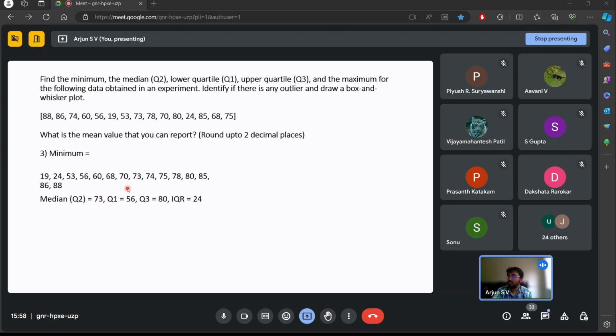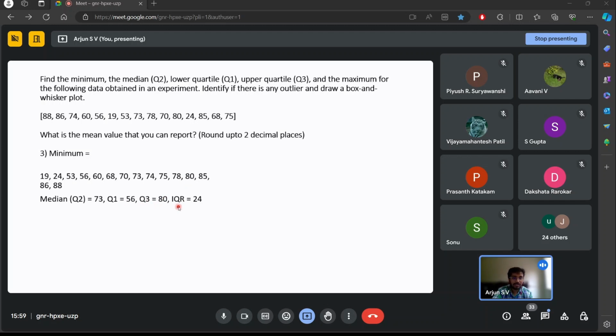Q1 will be the median of the first to the seventh values, which will be the fourth value, 56. Then Q3 will be the median between the ninth and the 15th, which will be 80. The interquartile range is Q3 minus Q1, which will give you 24.